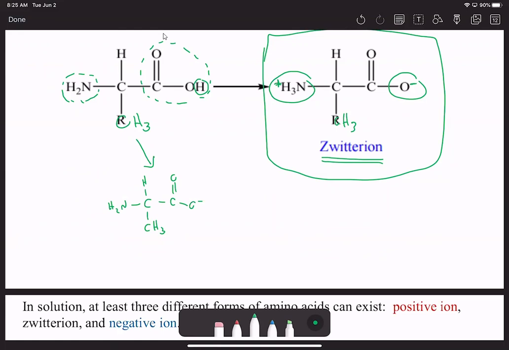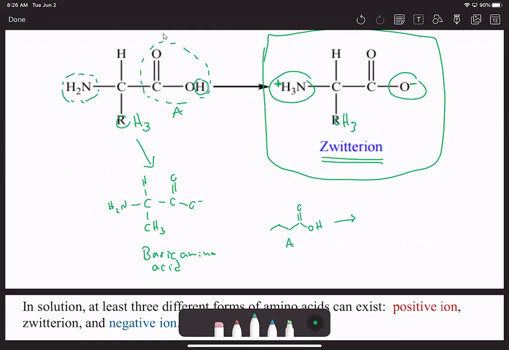This is a basic amino acid. And I know it's a base because if this is my acid, let's do a little refresher here. Here's my carboxylic acid.